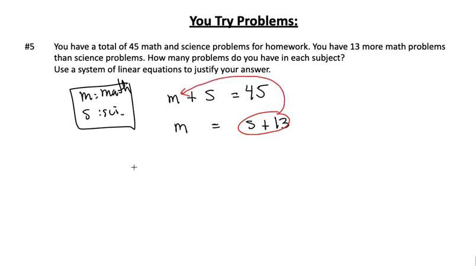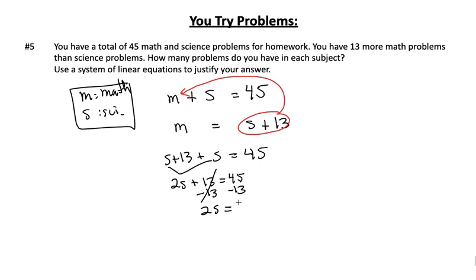So now we'll substitute that in for M. We've got S plus 13 plus S equals 45. We can add the two S's, so 2S plus 13 equals 45. Subtract 13 from both sides. Bring down the 2S equals 32. Divide both sides by 2.